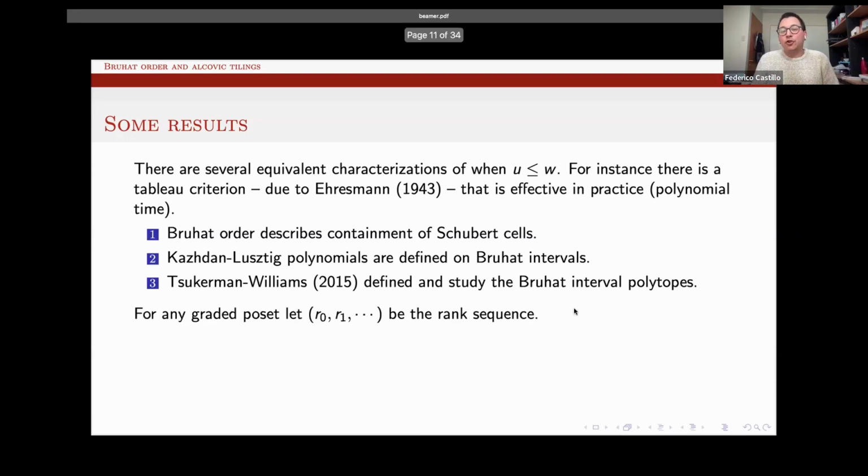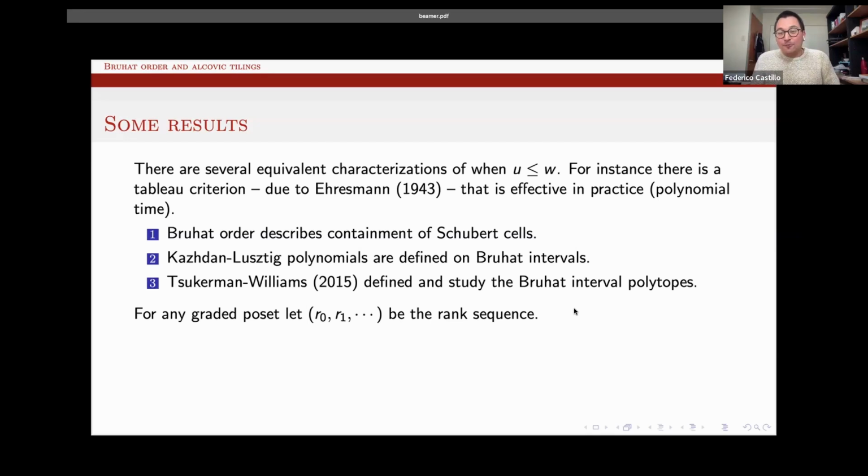And just to mention some extra results, the size of the intervals, not much is known, but one thing that was an object of interest is the rank sequence. This poset is graded, so there are some elements of rank 0, of rank 1, of rank 2. This is simply a sequence of integers describing how many elements we have in each level.